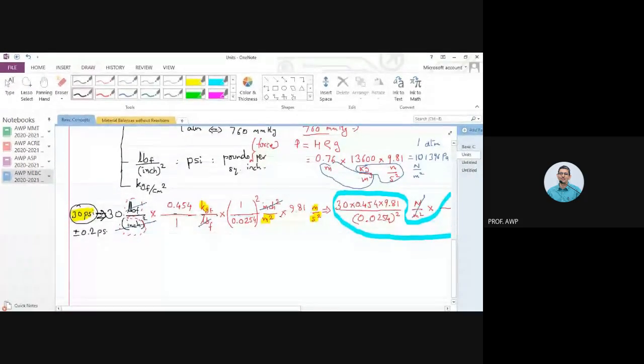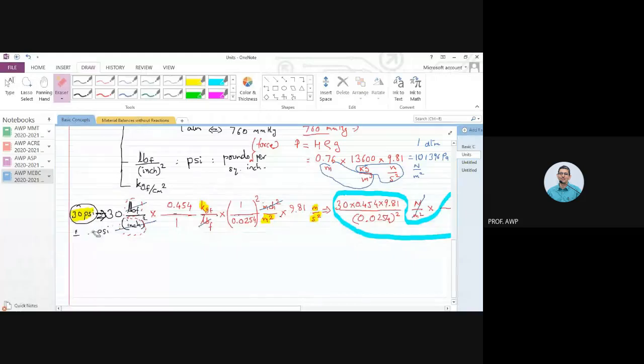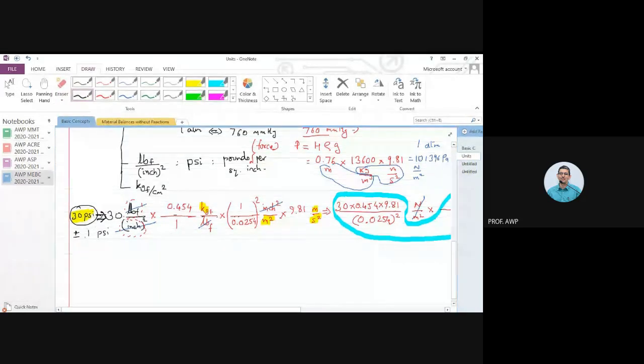Now if there is a digital indicator, if you have gone to a petrol pump anytime, please do visit next time and see how they fill air in the tires. The digital has accuracy only up to plus or minus 1 psi, right? So the level of accuracy is 1 psi in 30 psi.